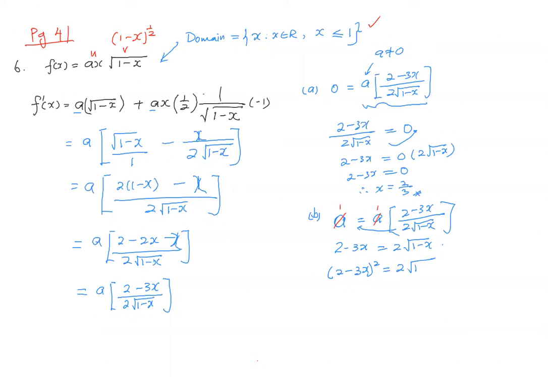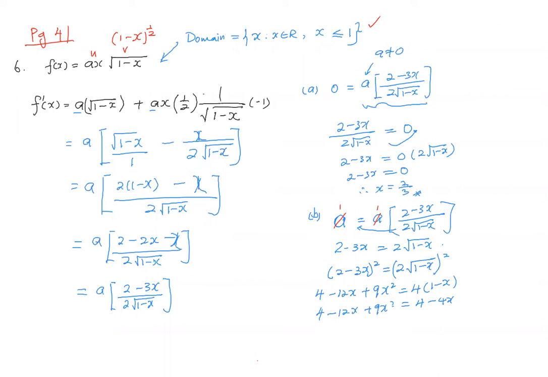So if you want to solve this problem, you square both sides. So I have 4 minus 12x plus 9x squared on the left, and 4 minus 4x on the right. If I'm wrong, please correct me. Are you okay? So I bring everything over. I have the habit of rewriting.